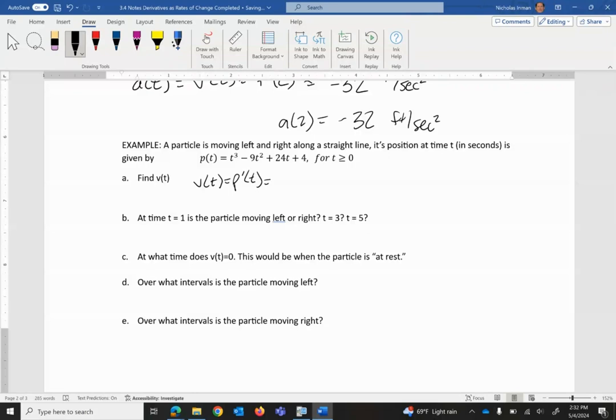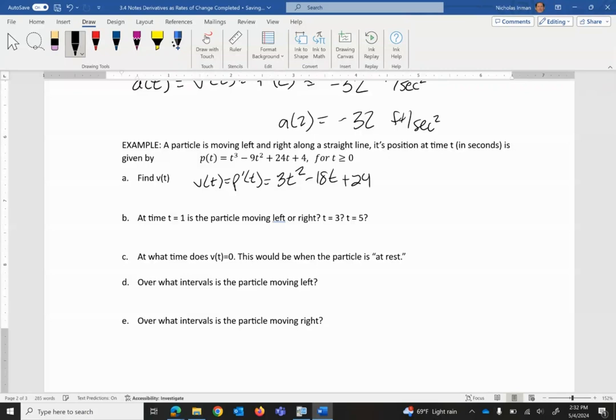So we find the derivative. The derivative of this polynomial, we just do each term. It's nothing, no big product rule or quotient rule, nothing crazy. We just have to do our derivative. So derivative of t cubed is 3t squared minus 18t plus 24.